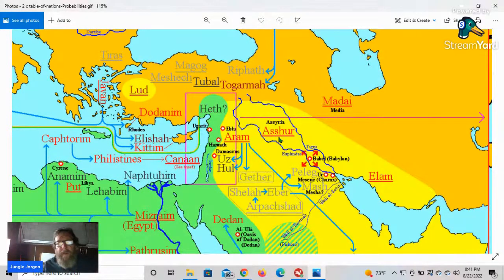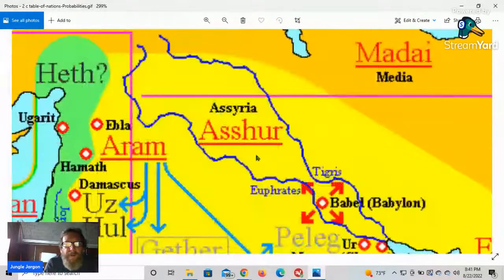Assyrian. Of course, G is a large population. It's a larger population, and the Jewish population has the G, which is Assyrian.